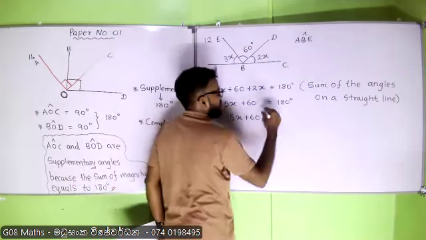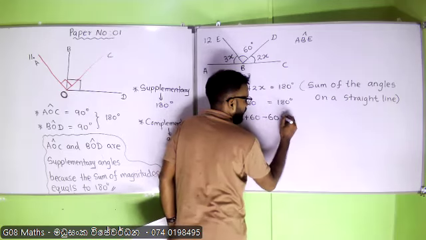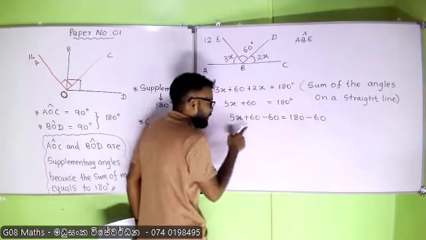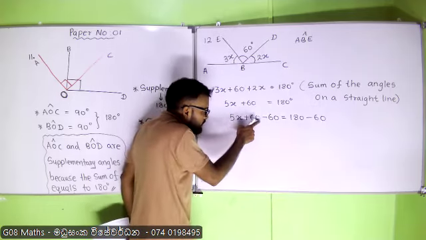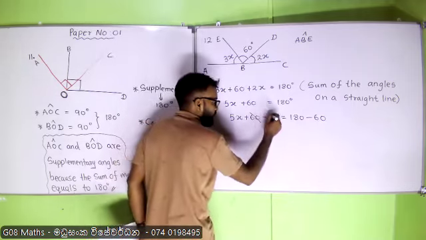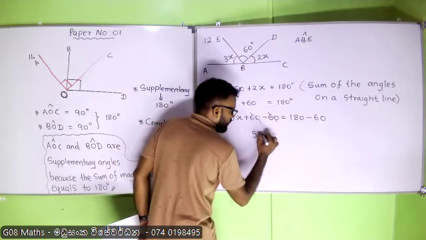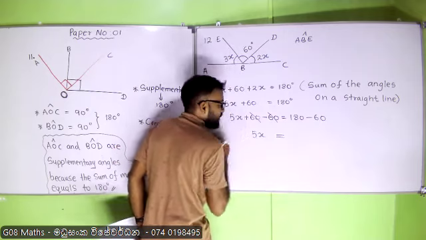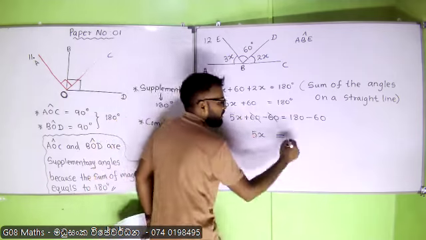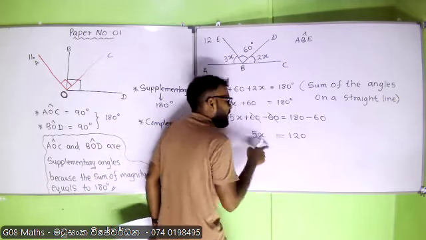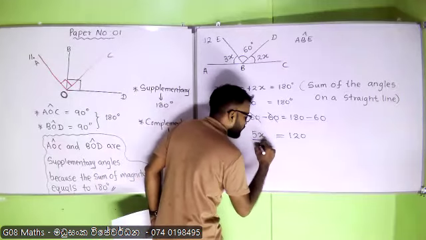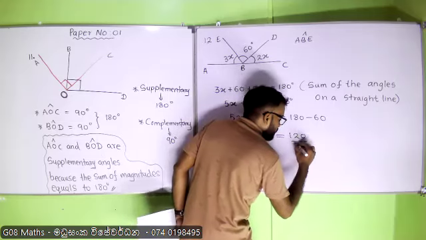Subtract 60 from both sides. 180 minus 60. Positive 60, negative 60. I am giving you an apple, taking back an apple. They cancel out. So what remains on the left-hand side is 5x. 180 minus 60 is 120. If you want to find the value of x, divide both sides by 5.